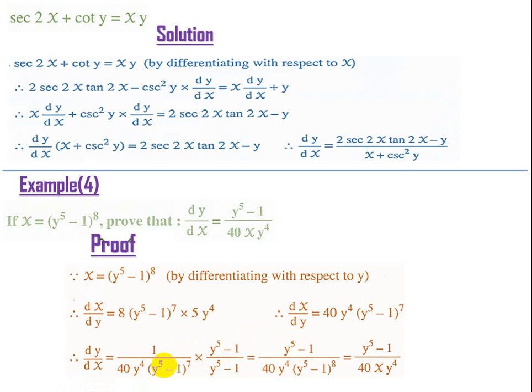Multiply up and down by (y^5 - 1). So it will be (y^5 - 1)/(40 y^4), and this expression (y^5 - 1)^8 is x. So I proved this equation.